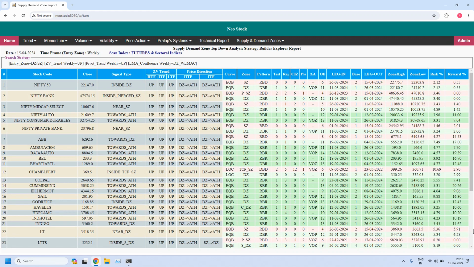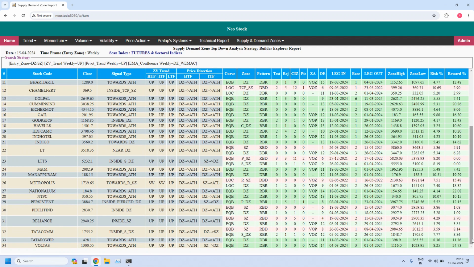Now the list is slightly reduced. Let me scroll down. Now the list is reduced to 34. That means for these 34 stocks, we can confidently say they are having an uptrend and the weekly zone is having weekly EMA Confluence.